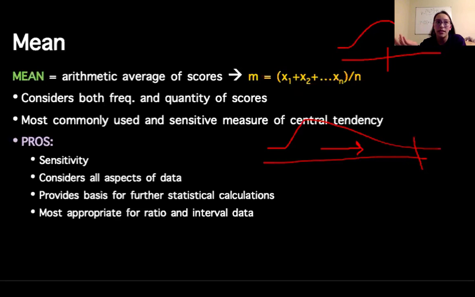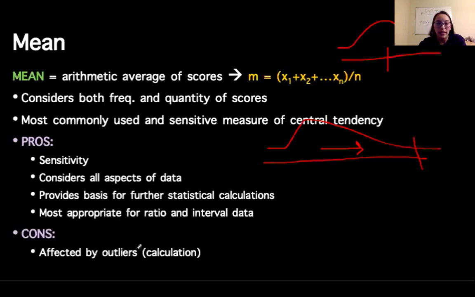For nominal data, usually if we use numbers to represent categories, they are referred to as string data, in terms of they don't actually represent a value. So 1 doesn't mean 1, it just means this is category 1, right? So calculating a mean doesn't really make sense for ordinal and nominal. So we don't use it for those two usually.